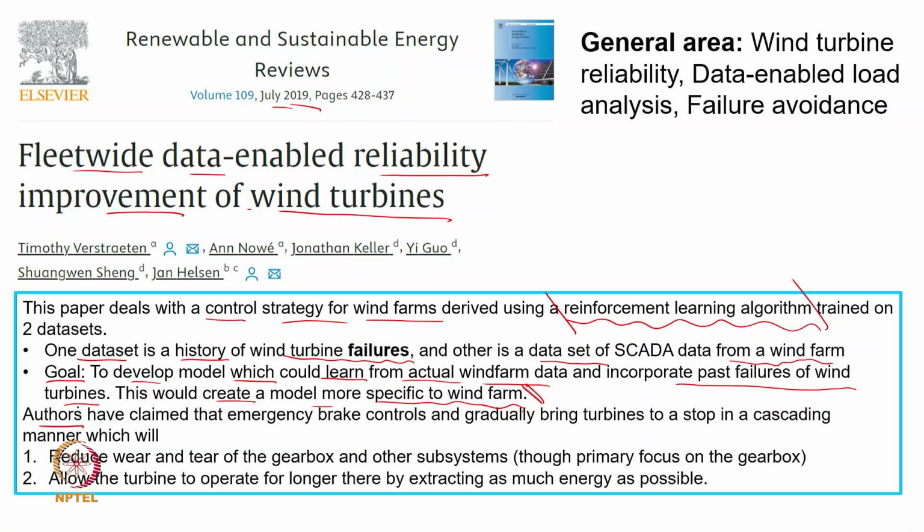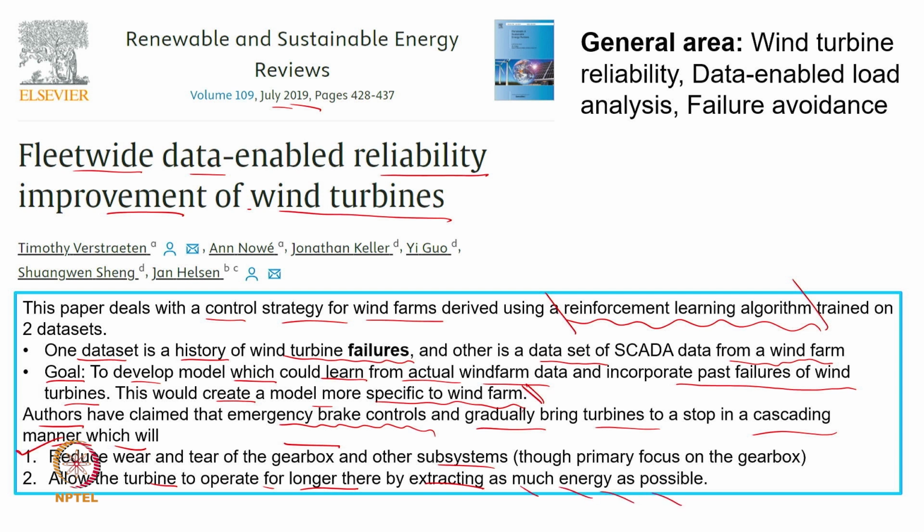Now, in this case, the authors claimed that they came up with a way of thinking about emergency brake control, which doesn't shut the turbine down immediately but gradually brings the turbine to a stop in a cascading manner. They have given a strategy to reduce the wear rate of the gearbox and other subsystems and allow the turbine to operate longer, enhancing service life by extracting as much energy as possible.